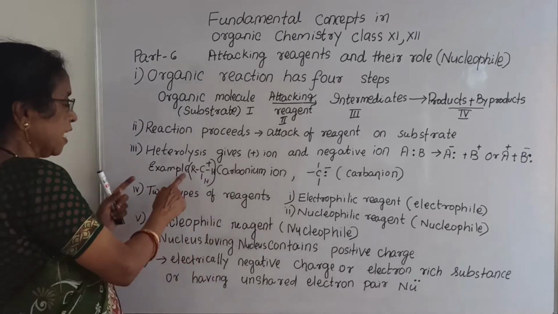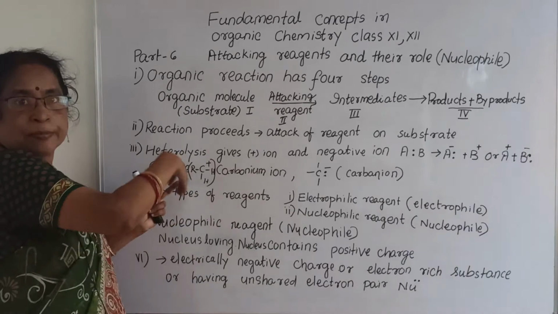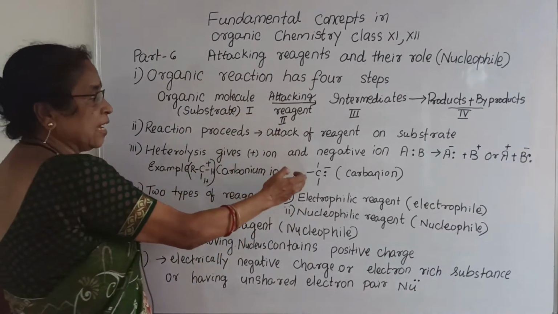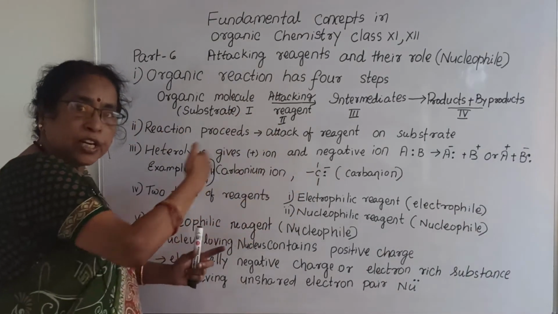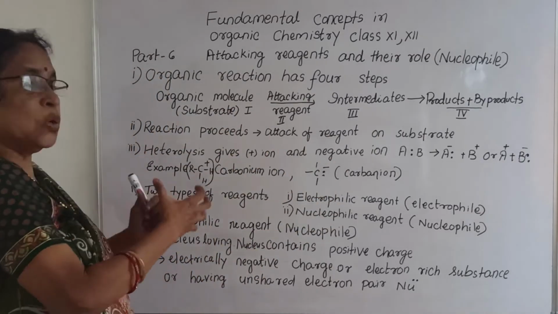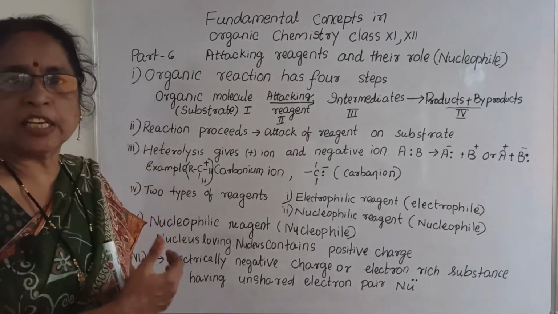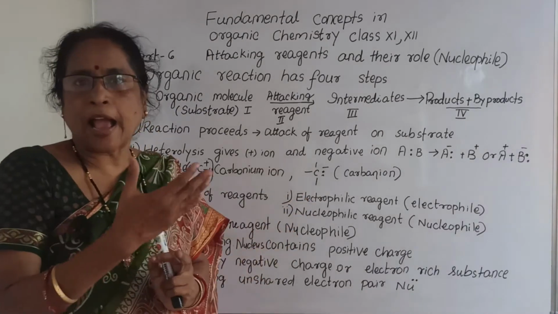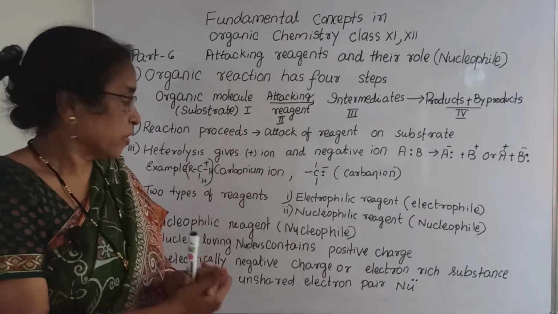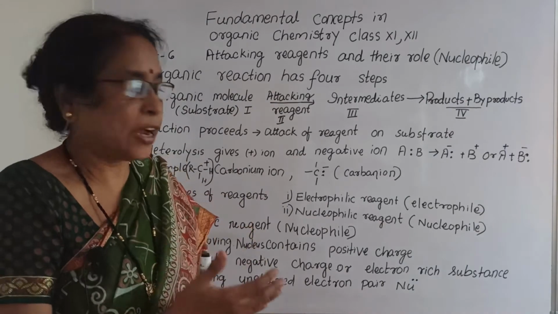That means in the first case C is less electronegative than the other part, and in the second C is more electronegative than the other part. So there are 2 types of reagents: one is the electrophilic reagent, electrophile, which I explained in part 5, and the next is the nucleophilic reagent or nucleophile.